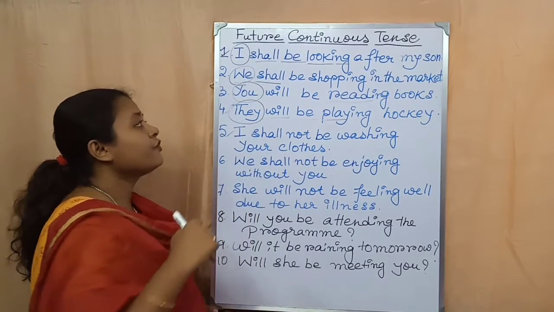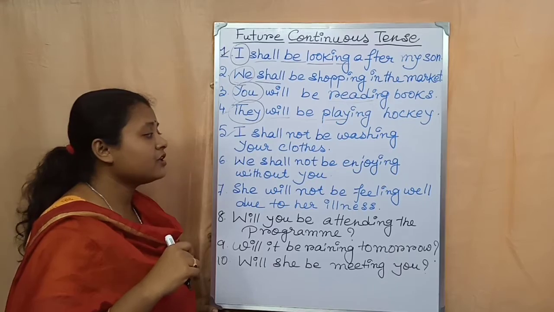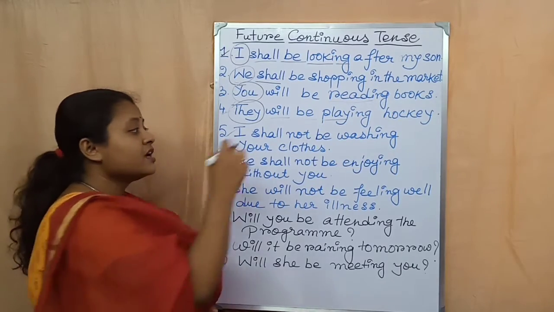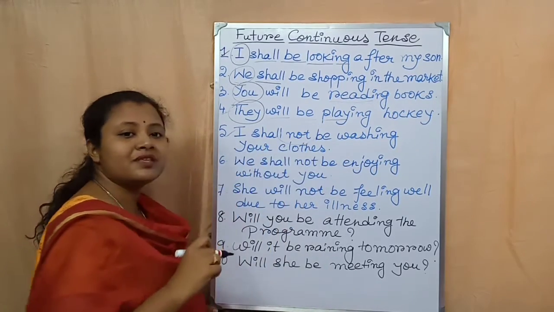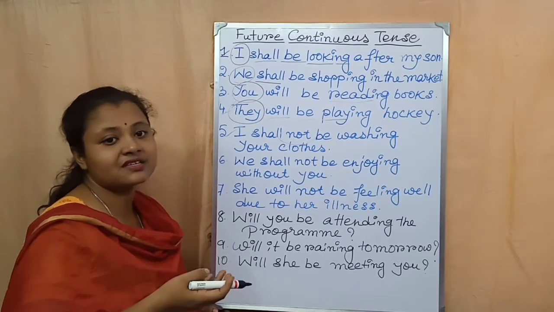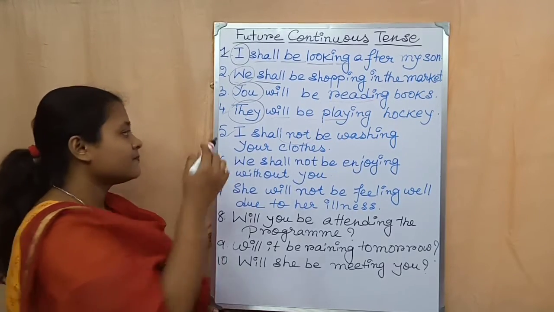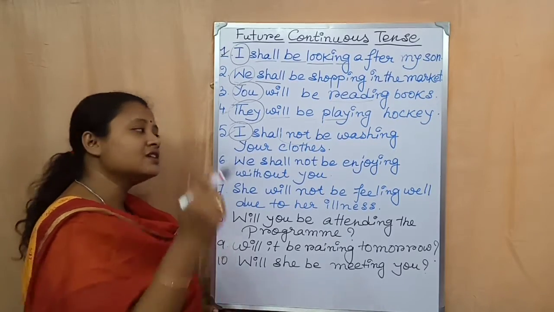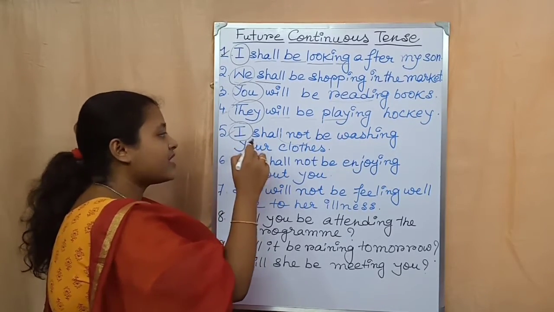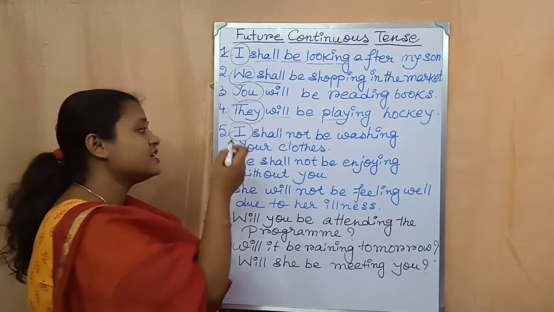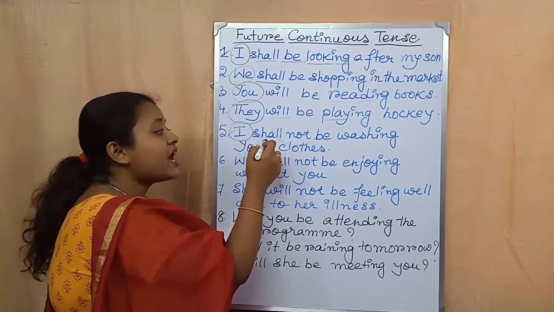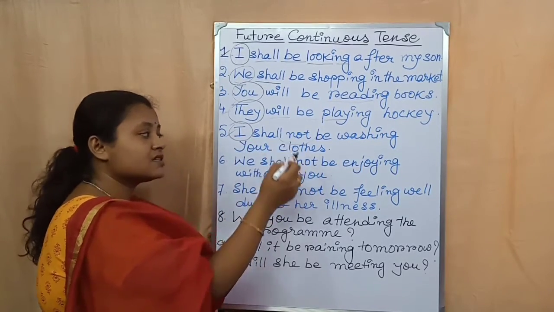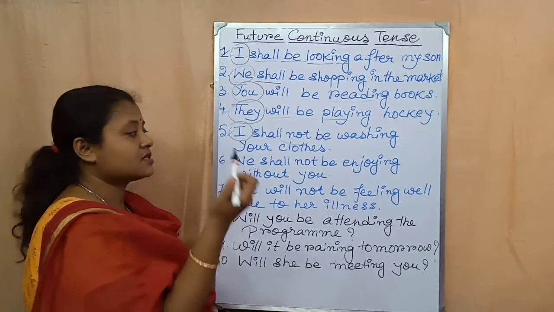Now come to the fifth example. I shall not be washing your clothes. Here not is written. That means you already come to know that this is an example of negative sentence. I, it is the first person. After first person we have to write shall. So that is why in traditional sense we have to write shall. So that is why I shall. After that not, because it is an example of negative sentence.